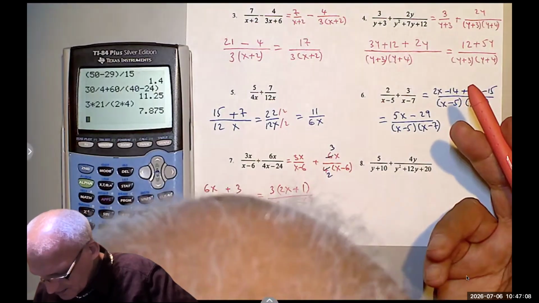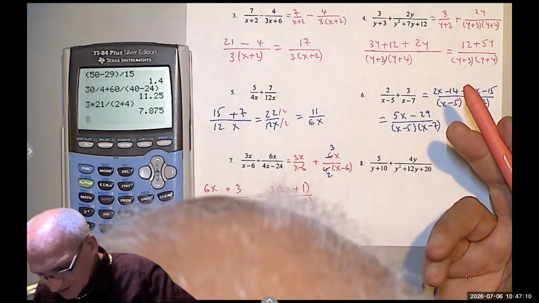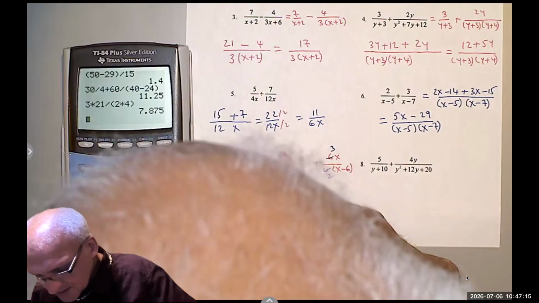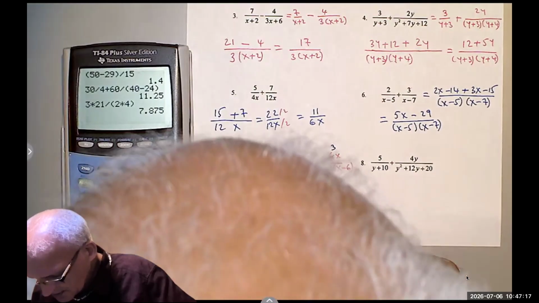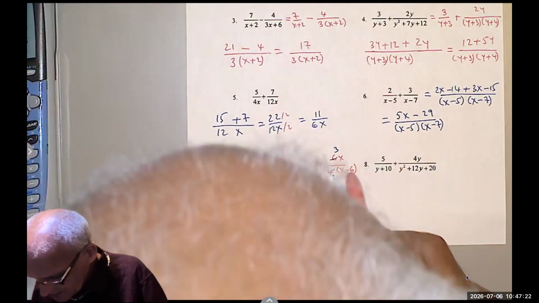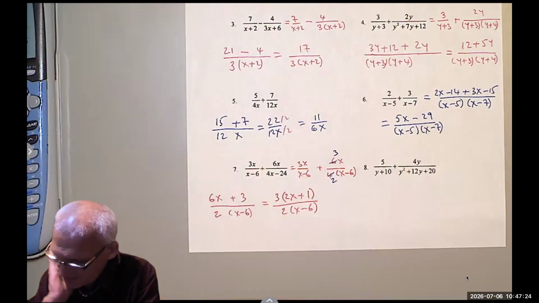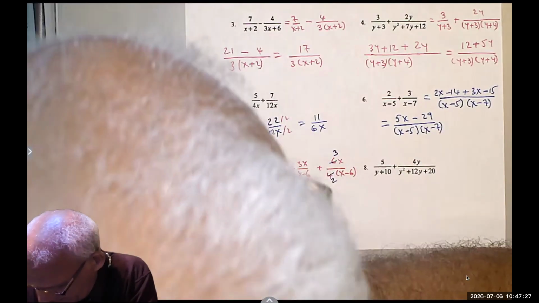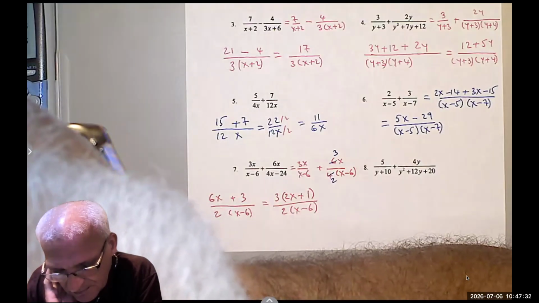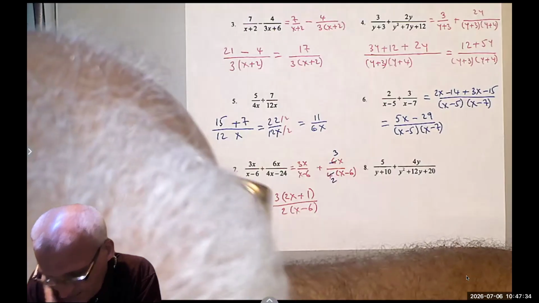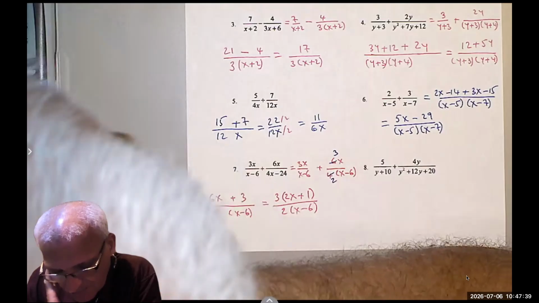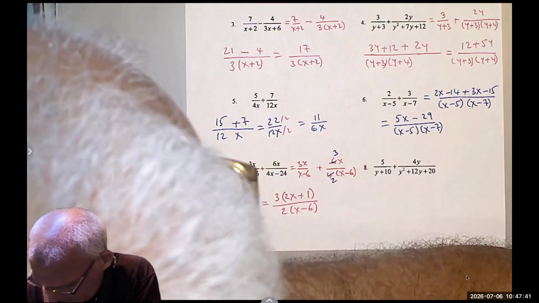How did I do this wrong? Is that 30 over 4 plus 60 over 16? Okay, when we took... what went wrong?